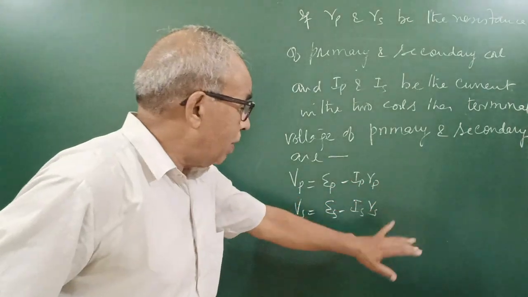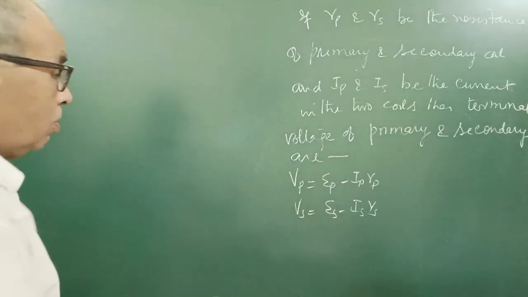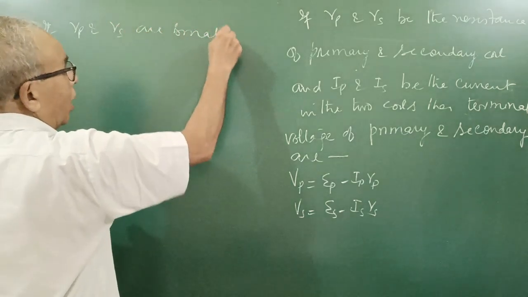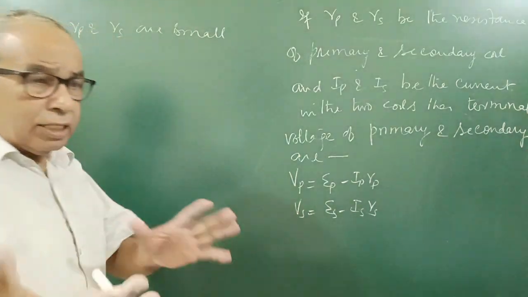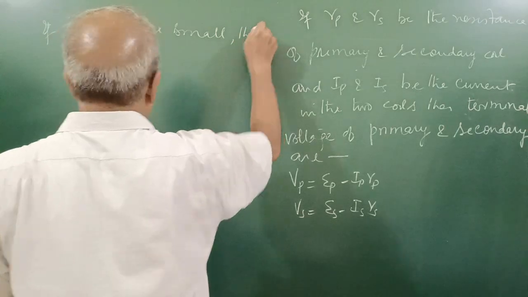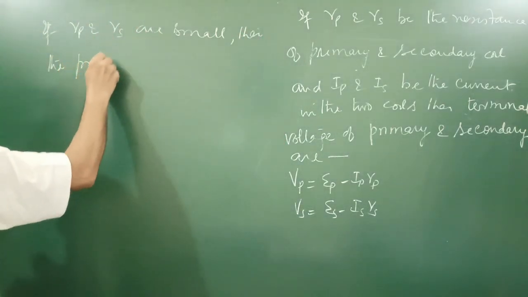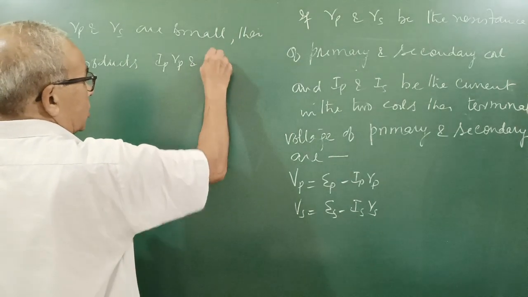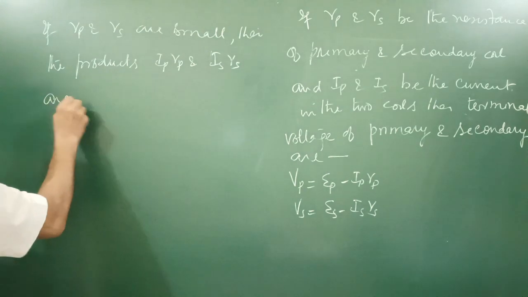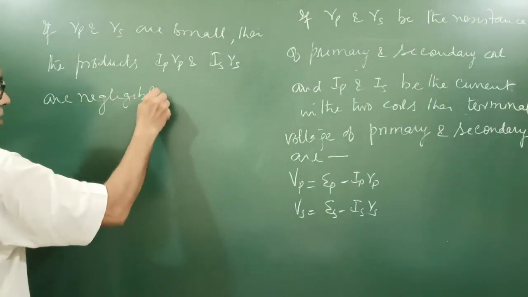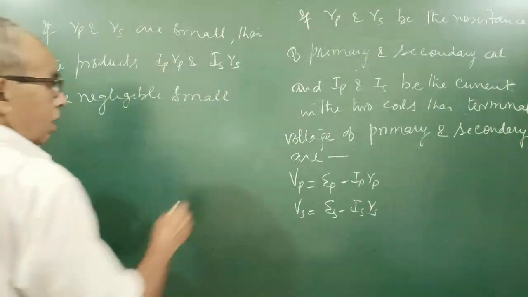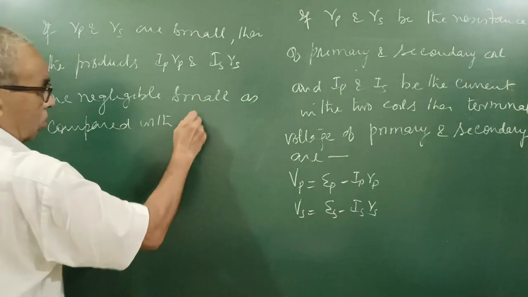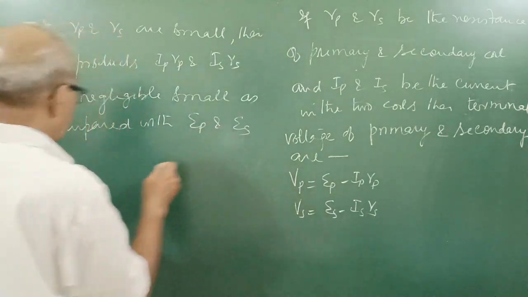If RP and RS are very small, we assume this just to understand something easily, then the products IP into RP and IS into RS are negligibly small as compared with EP and ES respectively.